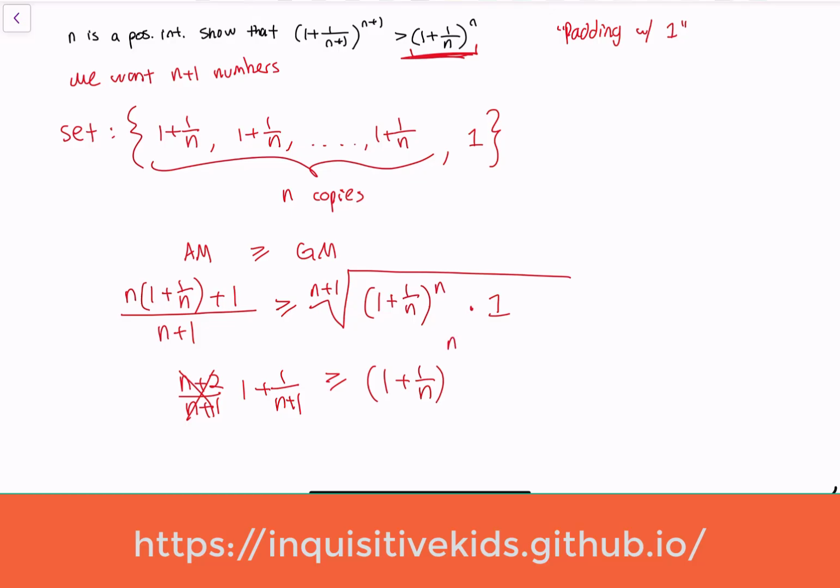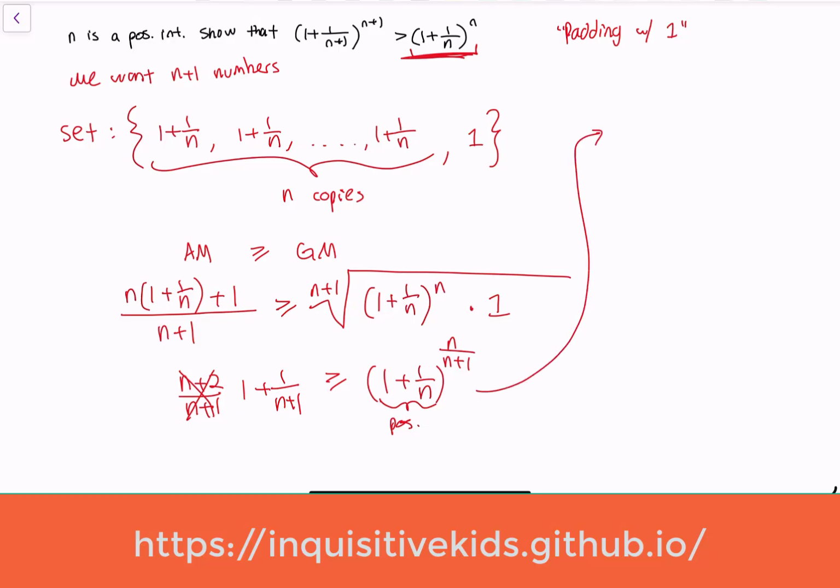But we can rewrite the radical symbol as to the 1 over n plus 1th power. Now you can definitely guess what the next step is. Because we know that 1 plus 1 over n, this part is positive, we could go ahead and take the n plus 1th power of both sides.